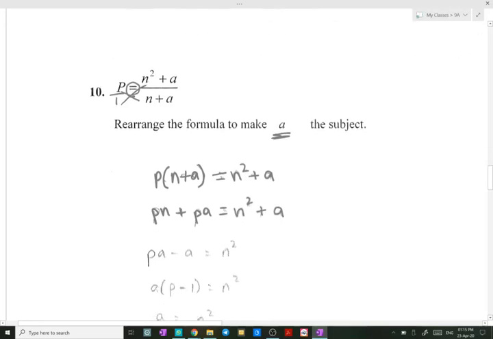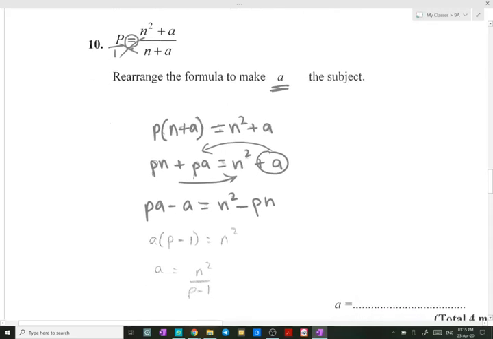Since we need a to be the subject, we need to place everything that contains a on one side. So pa minus a, because you take this to the other side, is equal to n squared. And now you need to take pn to the other side, it's minus pn.